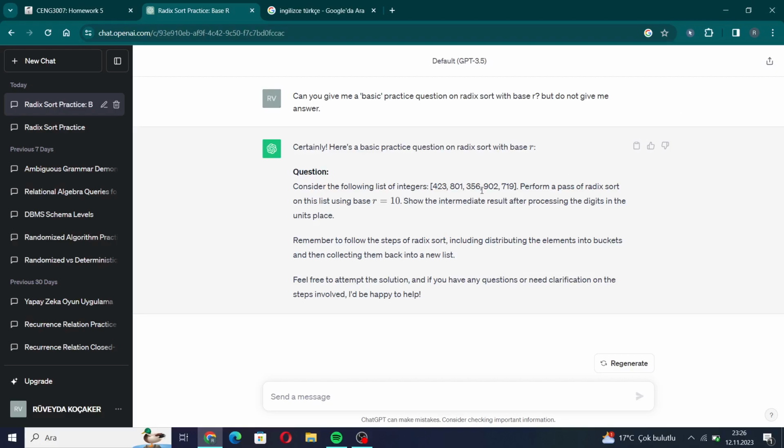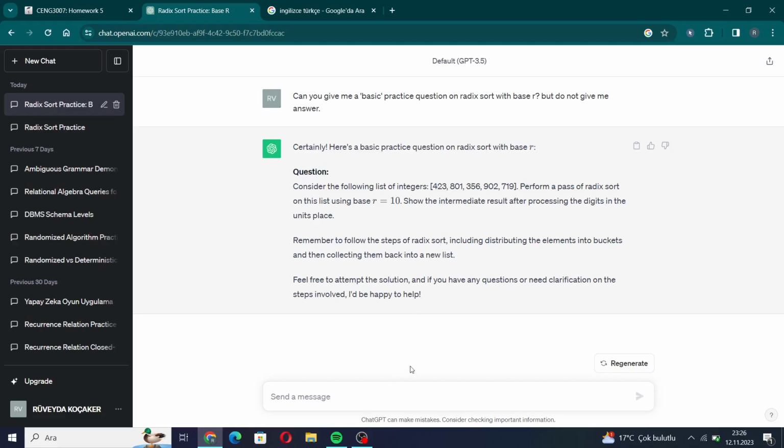The given list is this list, using a base r of ten, r equal 10. Distributing into buckets, I will create 10 buckets, 0 to 9. Group the numbers based on their digits in the units place.